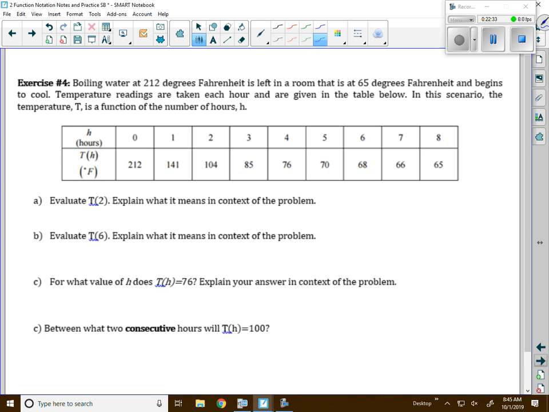So T of 2, this is after 2 hours, the temperature is what? Look at your table. 104 degrees Fahrenheit. So after 2 hours, the temperature is 104 degrees.